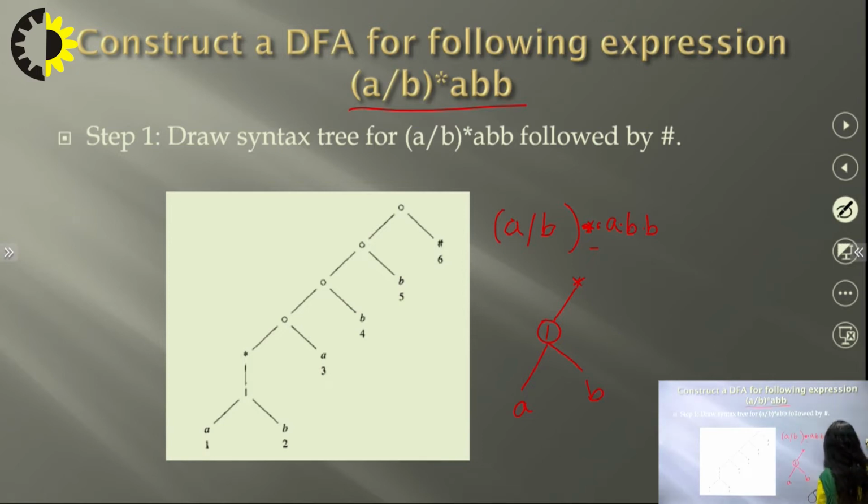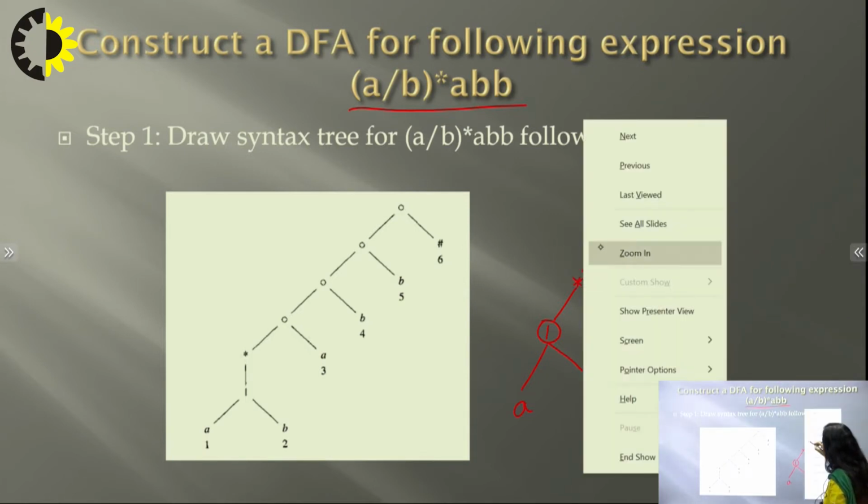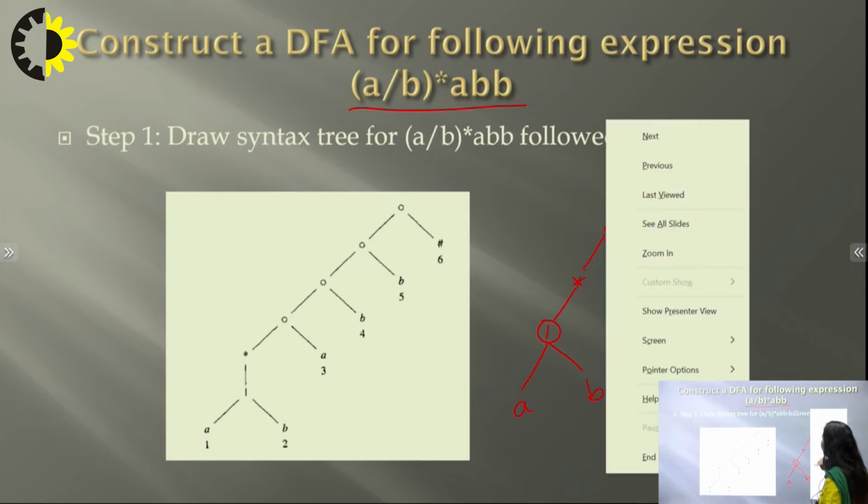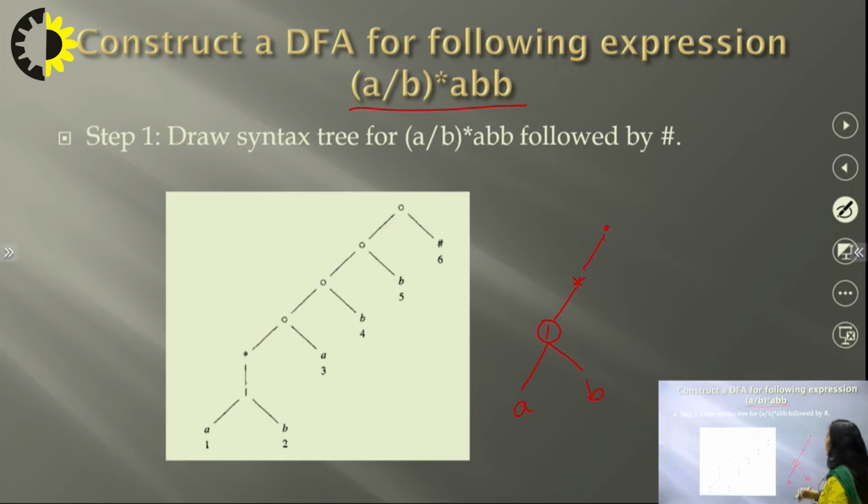Then star is connected with abb by the dot symbol or the concatenate symbol, right?